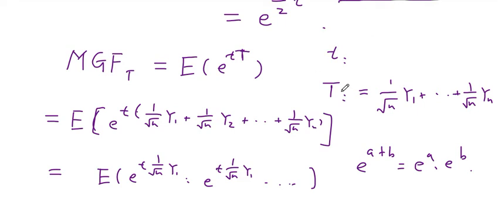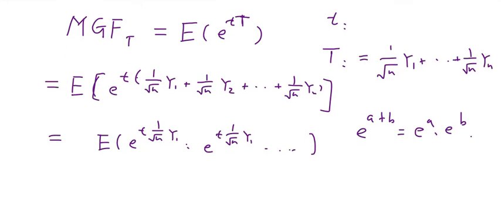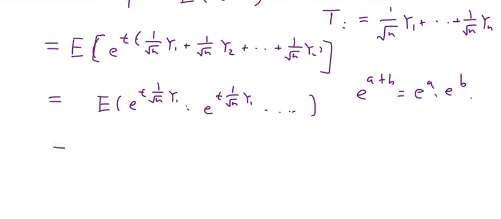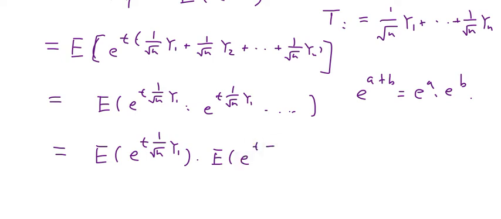This y1, y2 have no relationship, so we have the product of expectations.